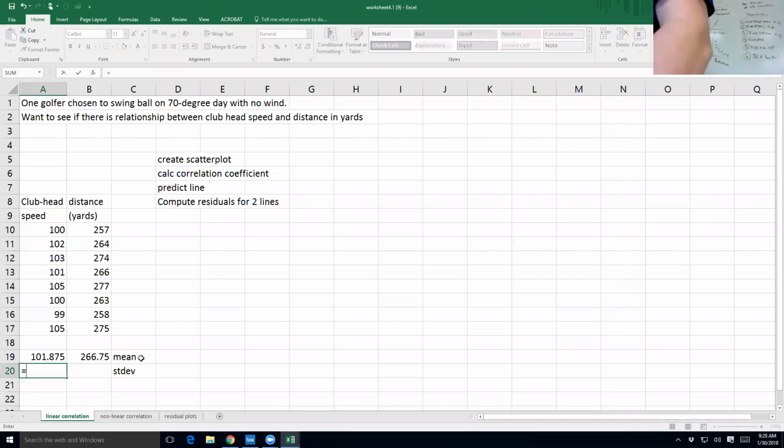Equals what? STDEV. Which one do I pick? It's .S, or I like this one, but either one's fine, .S or this one, because it's a sample. So my sample standard deviation is 2.29 and 7.74.